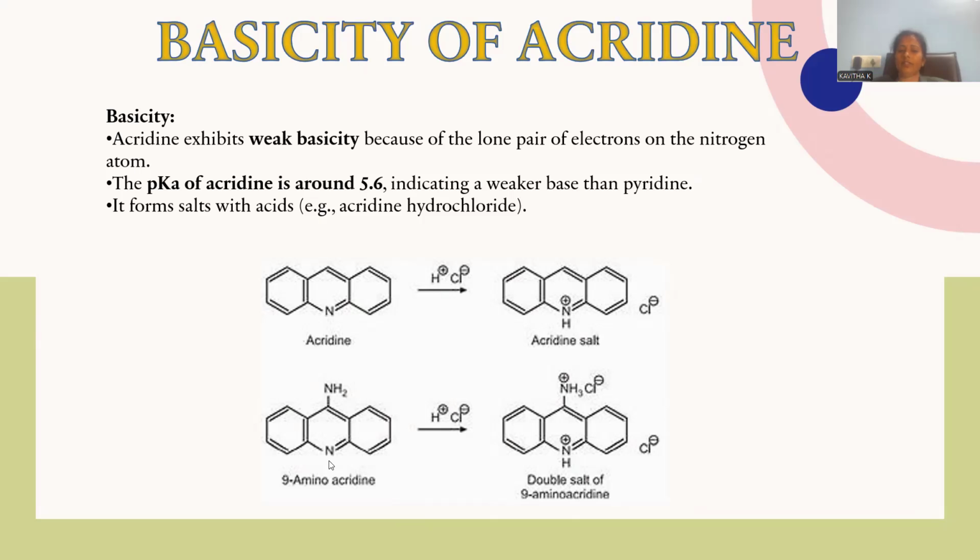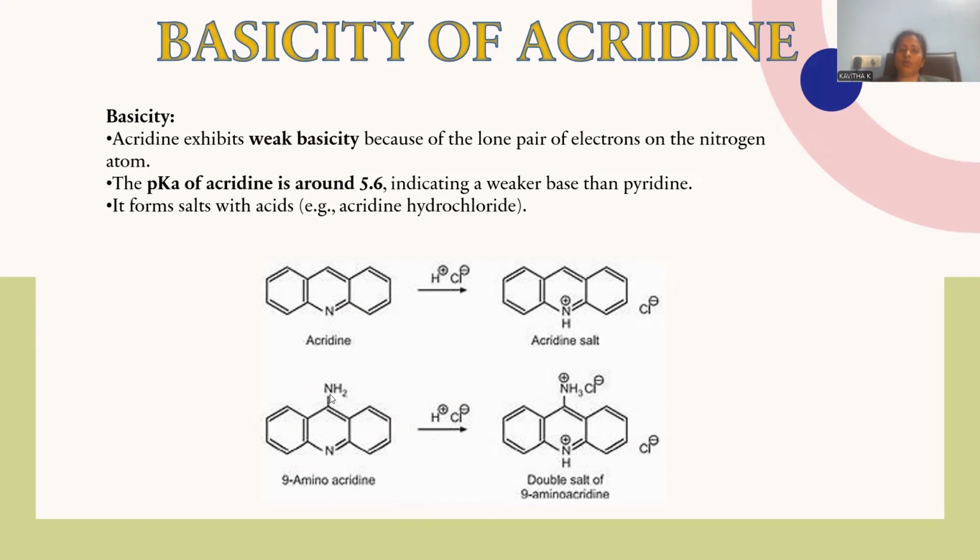Nitrogen is basic due to the availability of electrons towards this protonation process. The protonation, electron donation towards this proton, gives rise to salt formation. So here is the nitrogen capturing this proton, and a positive charge is accorded and counterbalanced with the negative chloride.